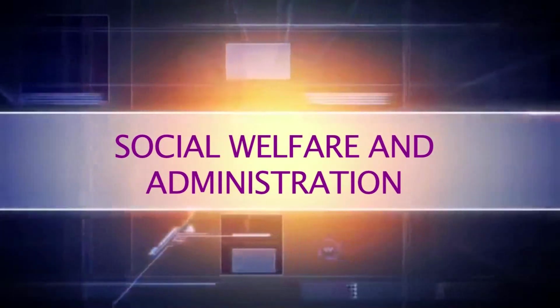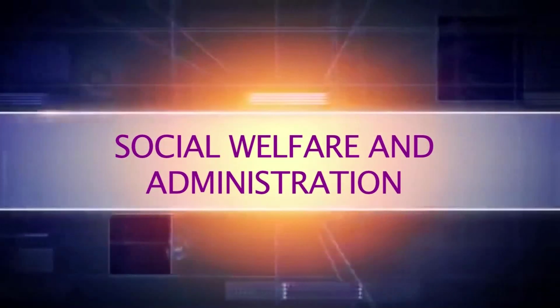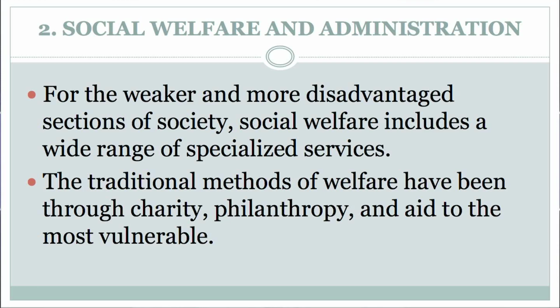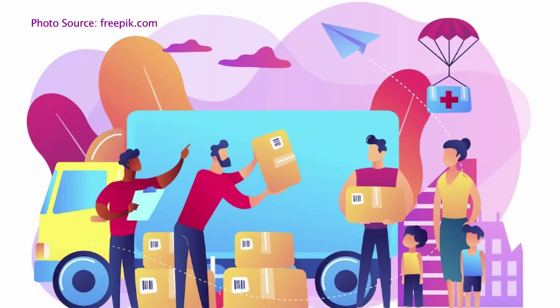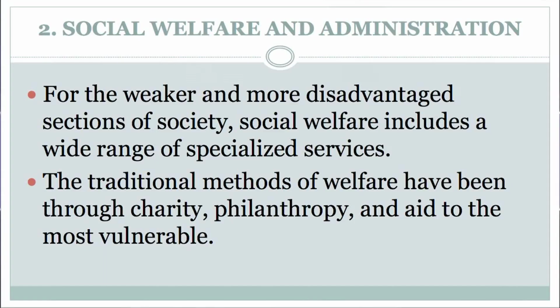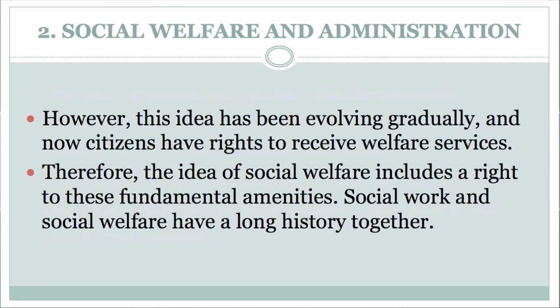The second one is social welfare and administration. For the weaker and more disadvantaged sections of society, social welfare includes a wide range of specialized services. The traditional methods of welfare have been through charity, philanthropy, and aid to the most vulnerable.